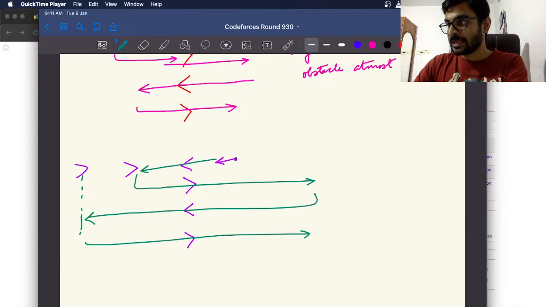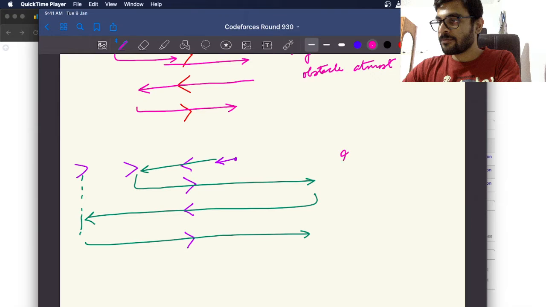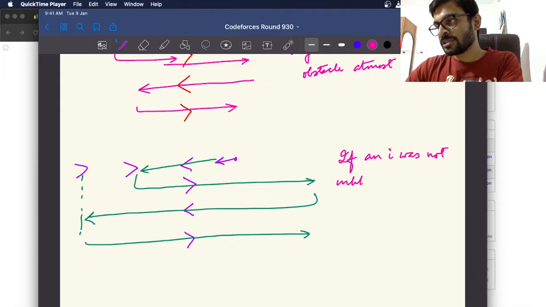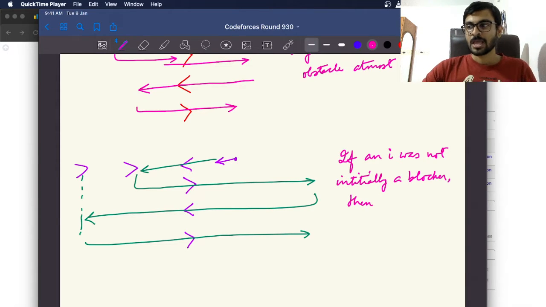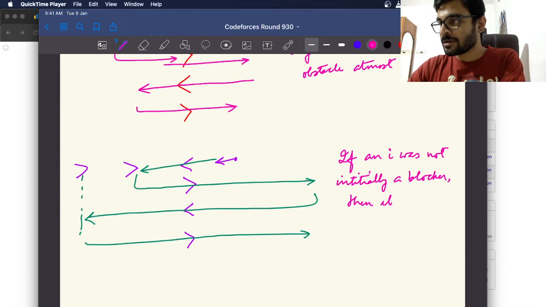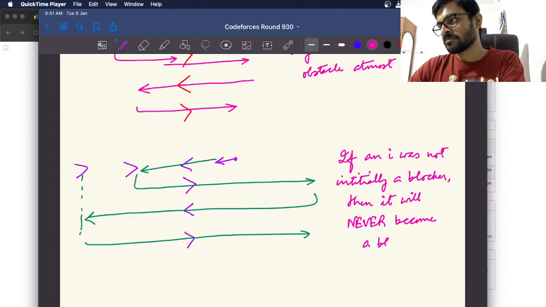So can I say if an I was not initially a blocker, then it will never become a blocker. It will never, I'll highlight this, never become a blocker.